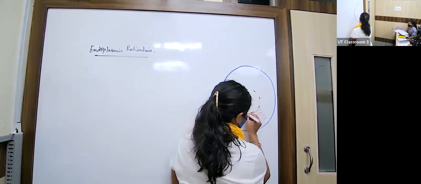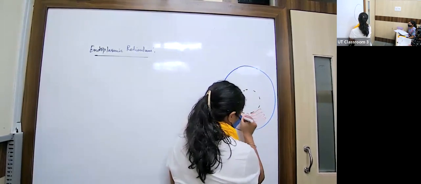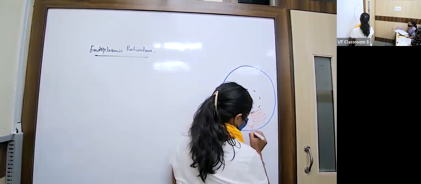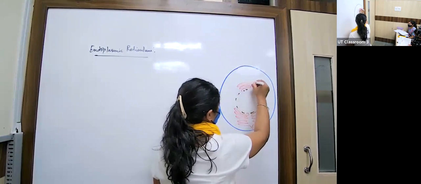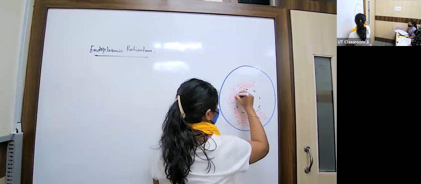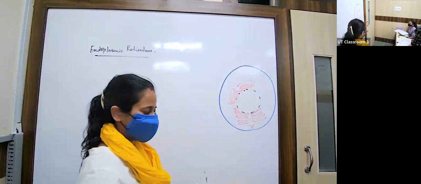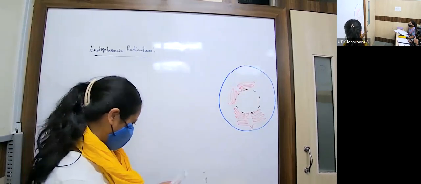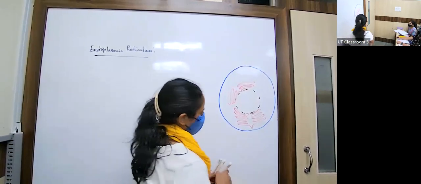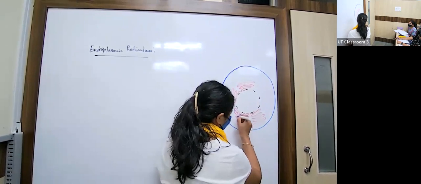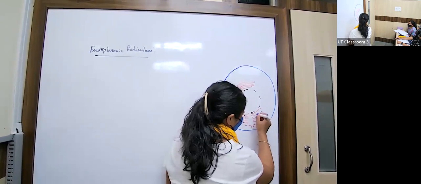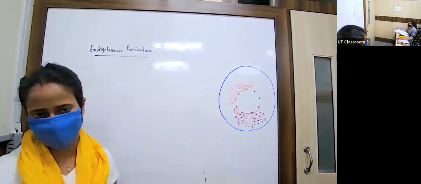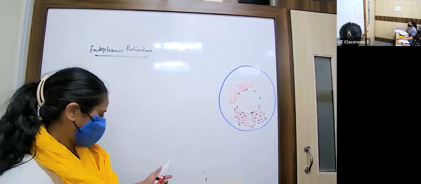One type we had drawn this way, and the other type we had drawn with tubular structures. Yes or no? But one type of endoplasmic reticulum had some granular structures attached on the outer membrane. So let us start from there.